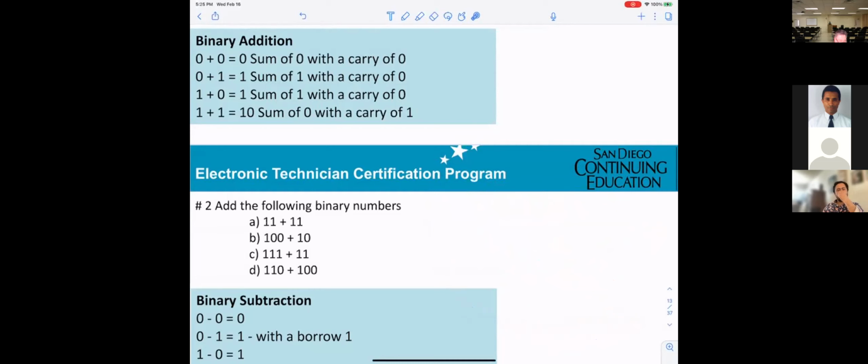That's normal. 0 adding to 1, the sum equals 1. 1 adding to 0, the sum equals 1. However, the only special case is 1 adding to 1: the sum equals 0, however the carry equals 1.